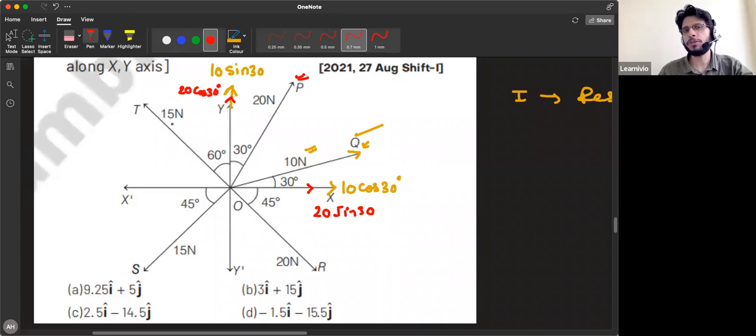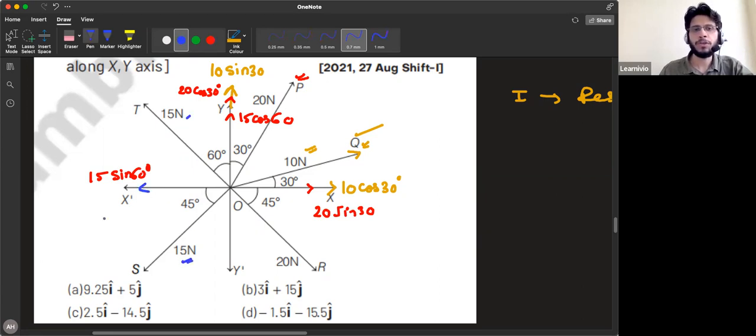Similarly, we can take component of this 15 Newton also. So along y-axis, this is 15 cos 60. Along x-axis, this will be 15 sine 60. So this is done, 20 is done, 15 is done, then this 15 is left. The component of this 15 Newton here is 15 cos 45.